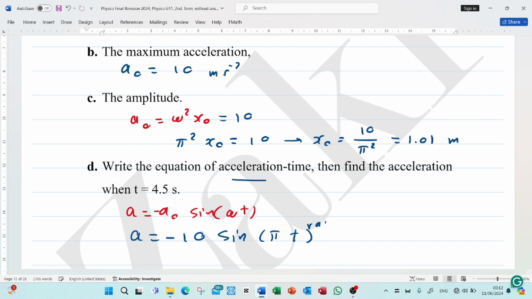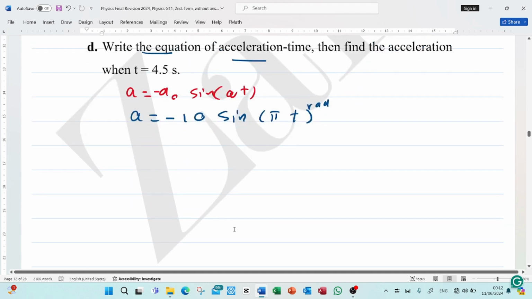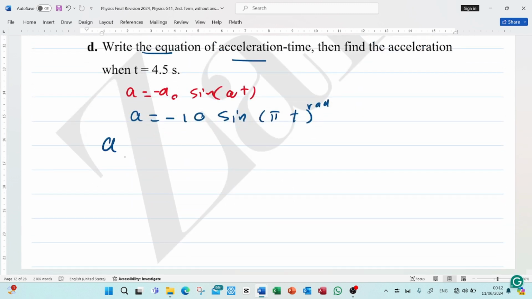So this is the equation. Then find the acceleration when t equals 4.5. Now we replace t by this value. So A when t equals 4.5 equals negative 10 sine of pi multiplied by 4.5, in radian. The answer will be negative 10 meter per second squared.